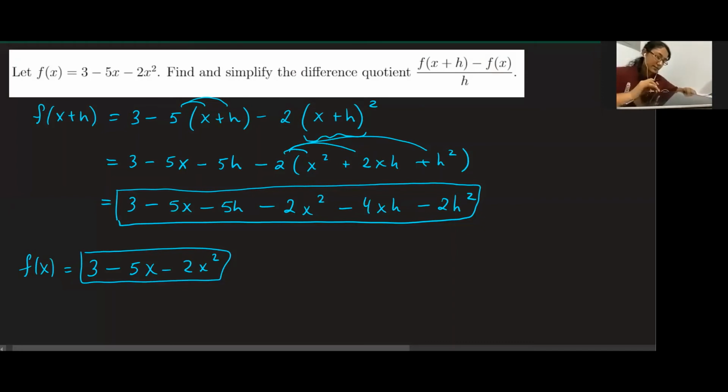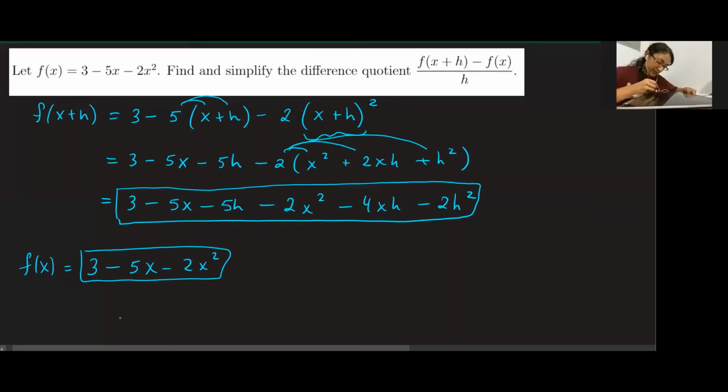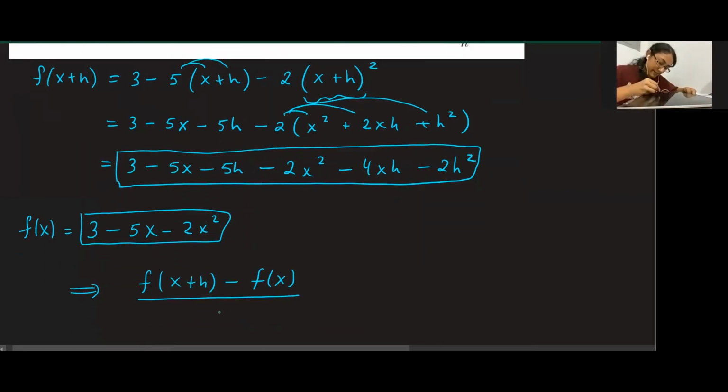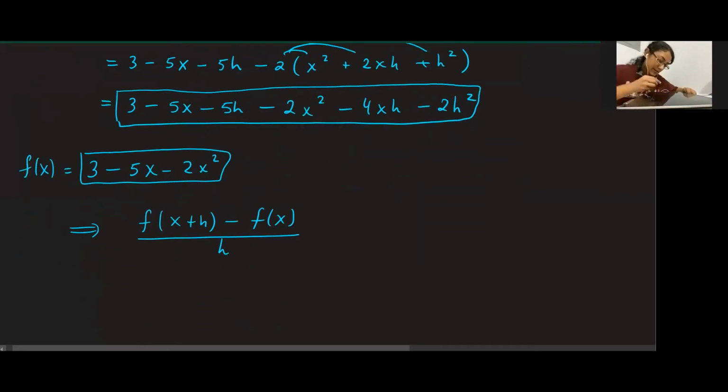Now we're going to insert these into our difference quotient formula. So we want to find f of x plus h minus f of x all over h. So let's plug them in accordingly. So we're going to substitute the first box in for f of x plus h.